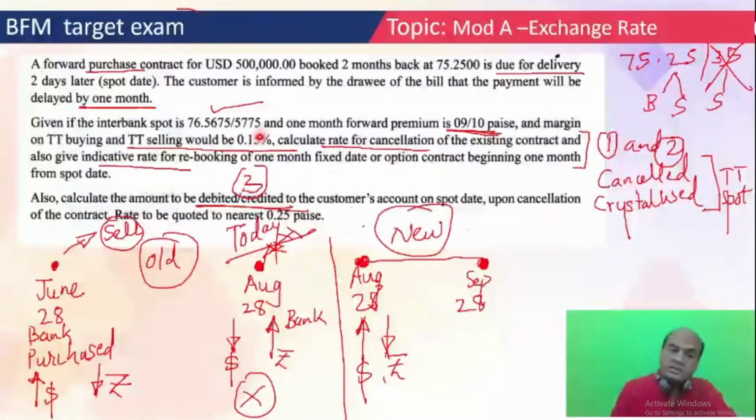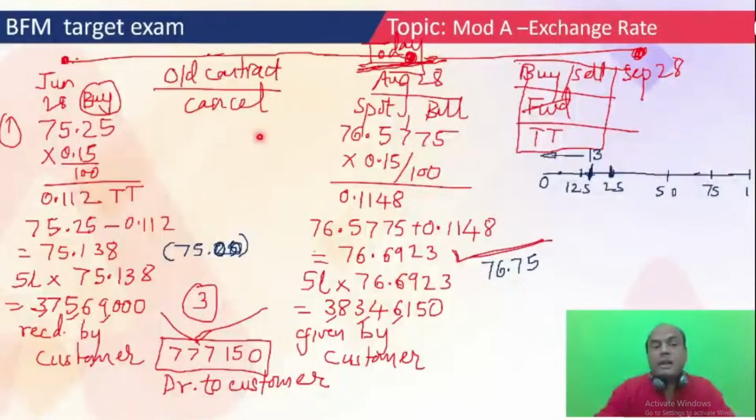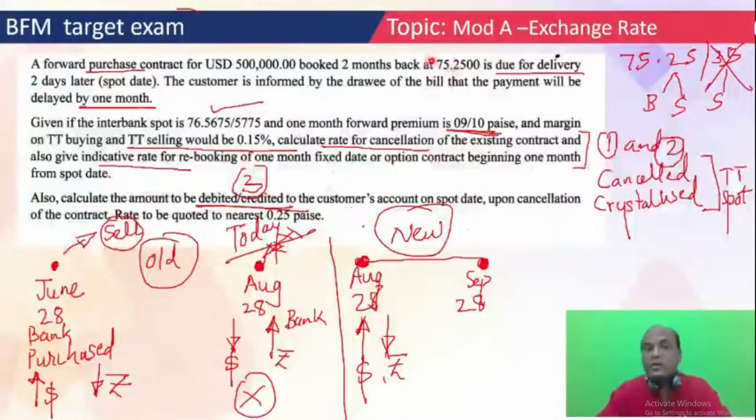How do you adjust? So kindly note, whenever you buy the dollars, you will subtract the TT margin. Whenever you sell the dollars, you will add the TT margin. So first you will have to get this TT margin. What is this TT margin? 75.25 into 0.15 upon 100.